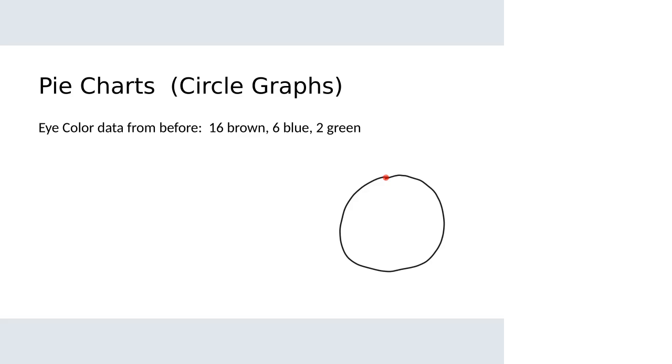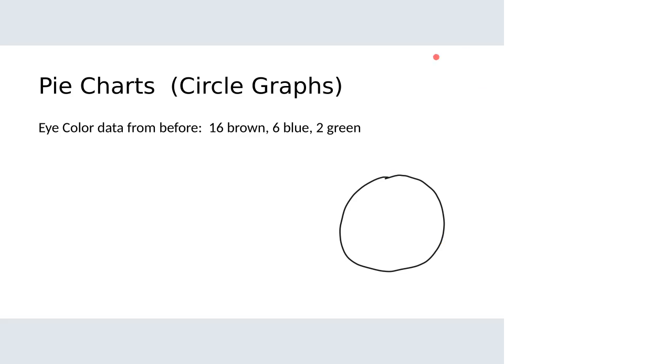Anybody remember, if I were to go all the way around a circle, how many degrees that would be? If we go all the way around a circle, how many degrees is it? Excellent, Ashley. Very good. 360 degrees.